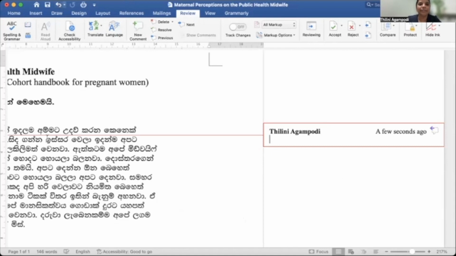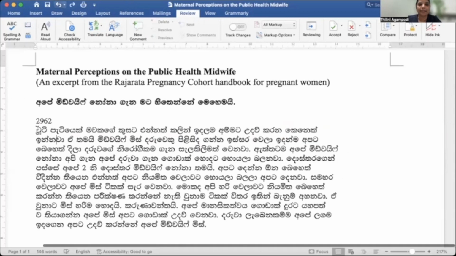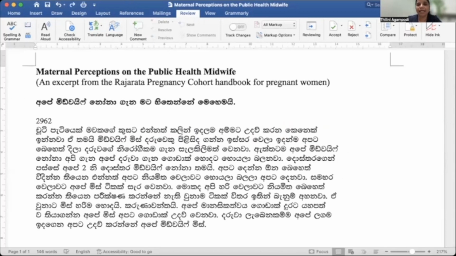So what you do is you highlight, you go through the data. "She is someone who has helped me even before the little baby came into the mother's womb." So here comes the first code. So what is it? The mothers perceive that the PHM would help mothers even before conceiving.